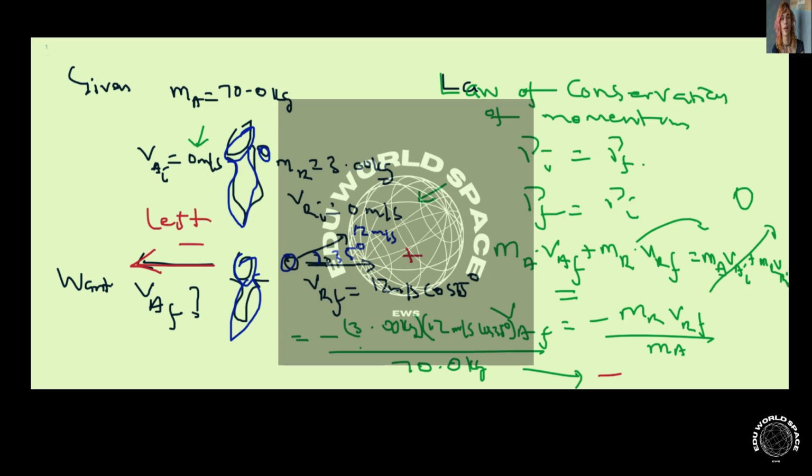So this gives you negative 0.4213 meters per second. That's your velocity towards the left, and you can see it's a very small velocity because it's the rock that's giving you that push or that momentum.